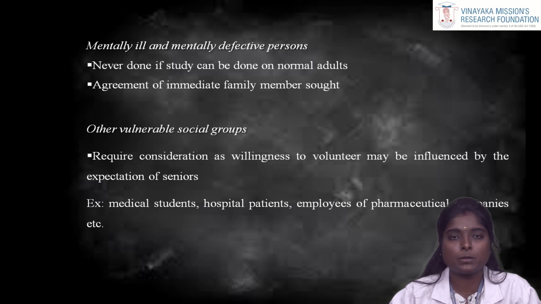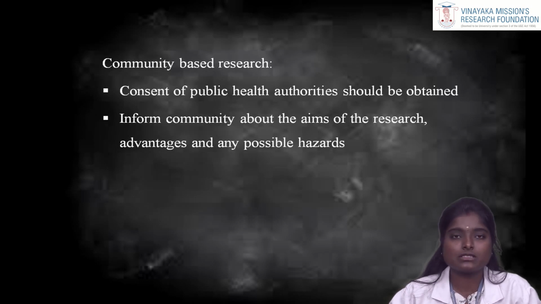Agreement of immediate family members should be sought if necessary. Other vulnerable groups will require consideration as to willingness to volunteer, and they include medical students, hospital patients, employees of pharmaceutical companies, etc. In community-based research, consent should be obtained from the public health authority and the community informed about the aim of the research, advantages and any possible hazards.